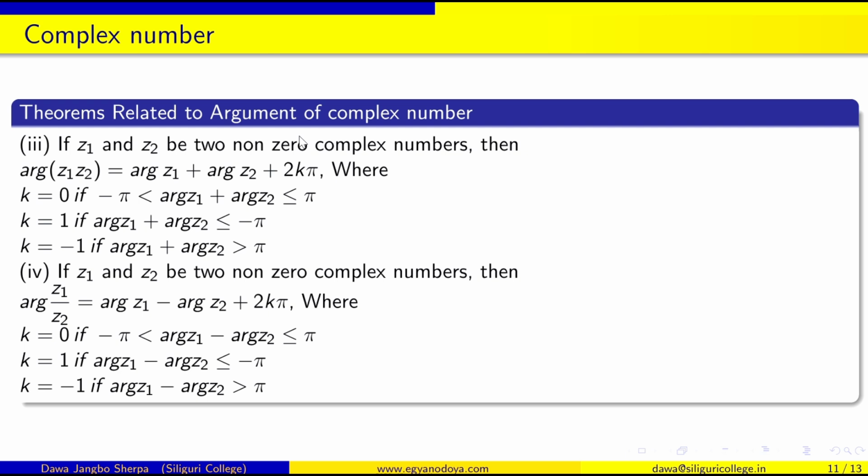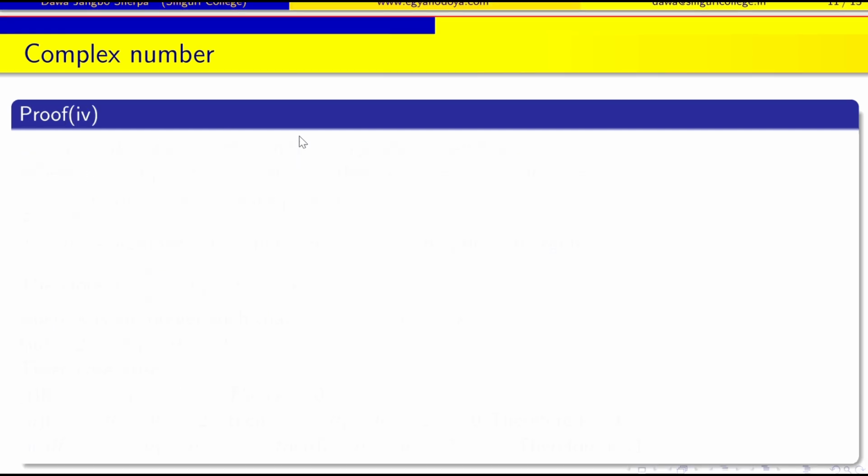If I prove this theorem, then you can prove theorems 1, 2, 3 yourself. Let Z1 be the complex number whose polar form is r1 (cos theta 1 plus i sin theta 1), and Z2 the complex number whose polar form is r2 (cos theta 2 plus i sin theta 2).